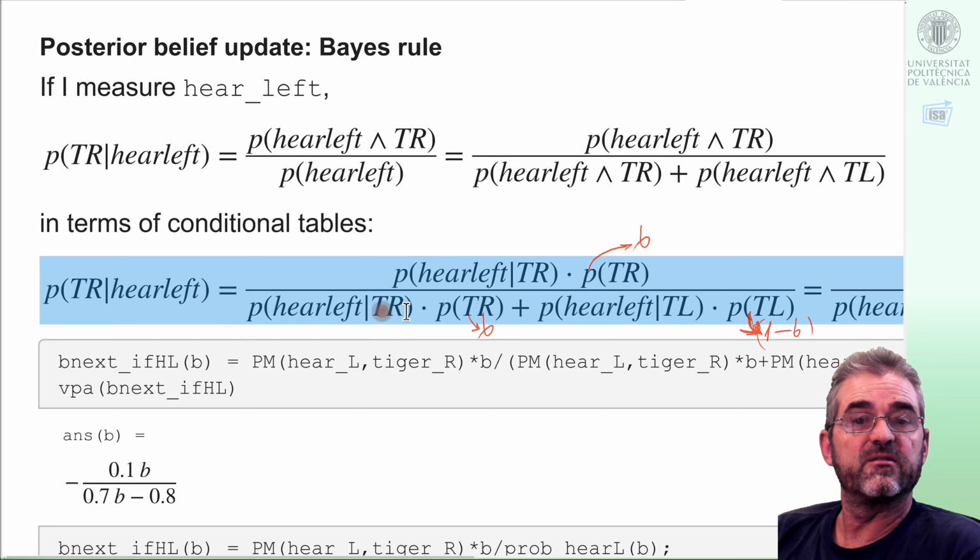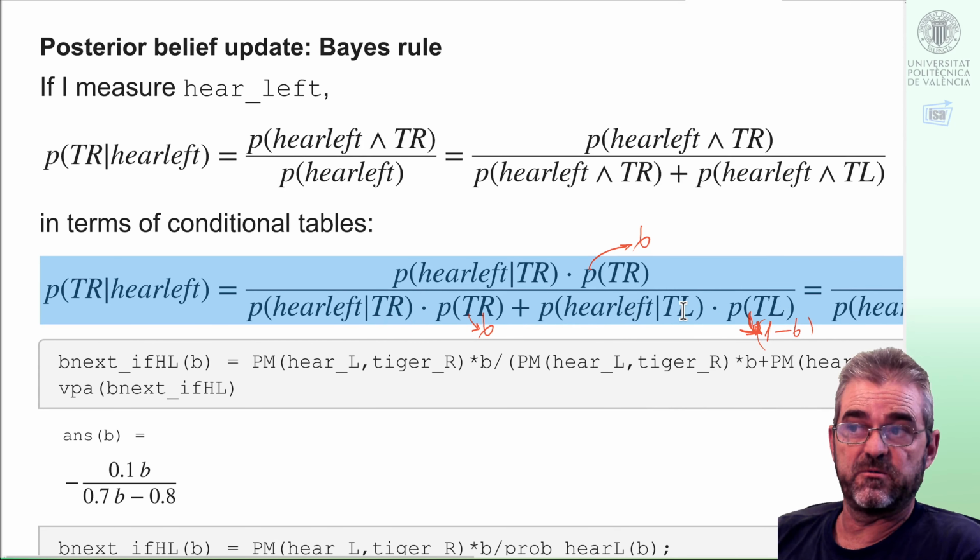This conditional to tiger right times the probability of tiger right, plus the conditional to tiger left times the probability of tiger left. So this conditional probability expression is called Bayes formula, and this is the conditional probability of tiger right conditioned to hear left, which I obtained by manipulating the rows of the joint table.